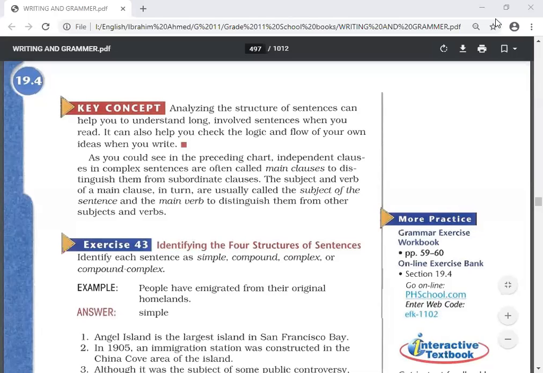As you could see in the preceding chart, independent clauses in complex sentences are often called main clauses to distinguish them from subordinate clauses. The subject and verb of a main clause, in turn, are usually called the subject of the sentence and the main verb to distinguish them from other subjects and verbs.